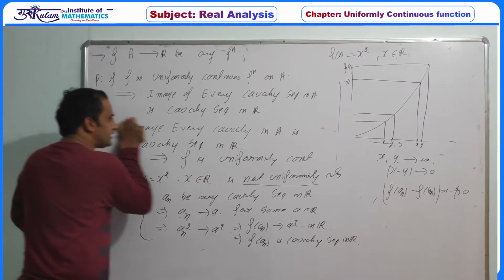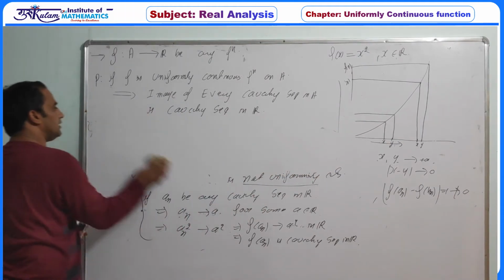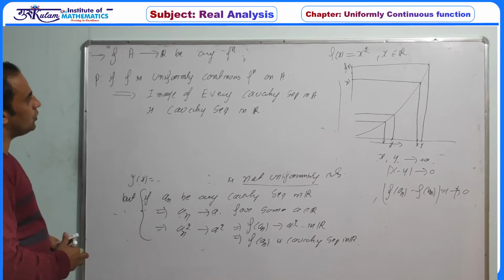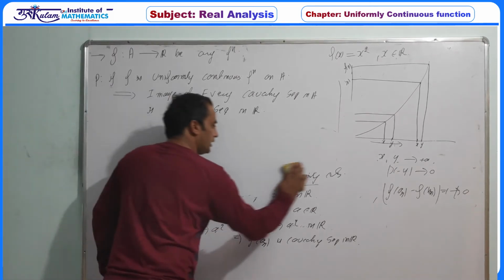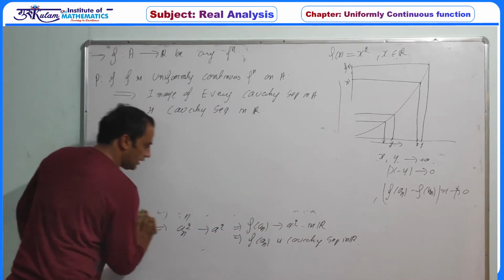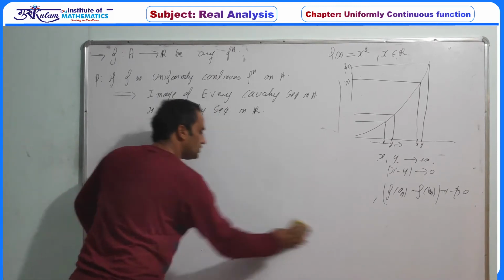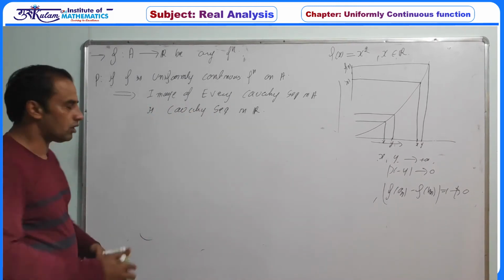Let's come to the P statement. The P statement is: if f is a uniformly continuous function on A, then we have to verify whether the image of a Cauchy sequence is Cauchy under this function or not.